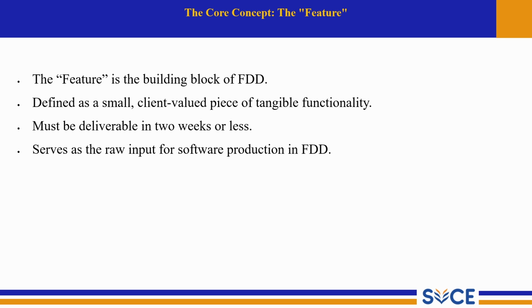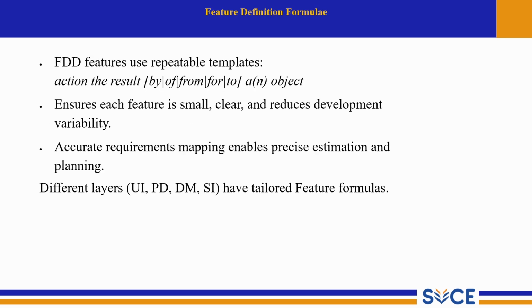This means features act like basic ingredients that teams use to build the entire software system step by step. So now we understand that features are the foundation of FDD. Next, let's see how FDD defines these features using standard formulae to keep them consistent and clear.